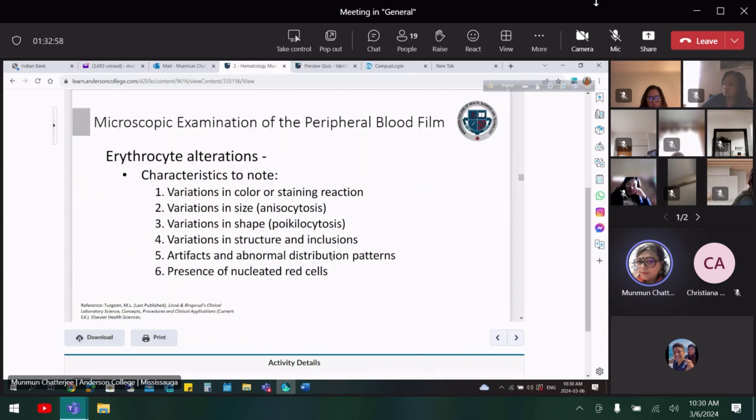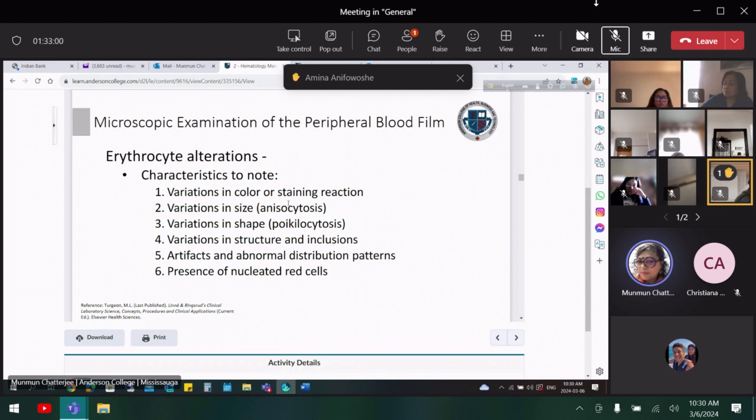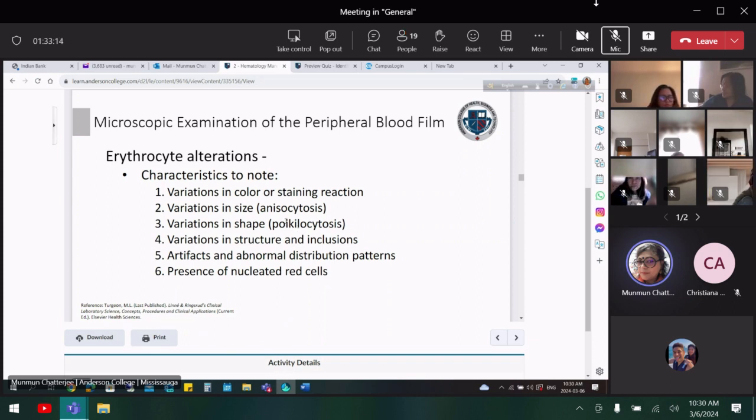Okay, so erythrocyte alteration. Different characteristics to note: variation in color or staining reaction, and variation in the size, which is called aniso. Now, this terminology you have to remember. What is the variation in size? Anisocytosis.